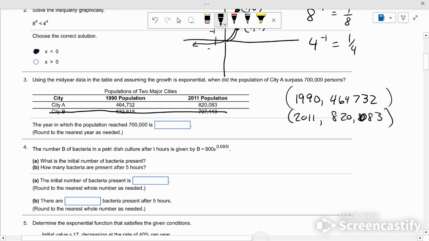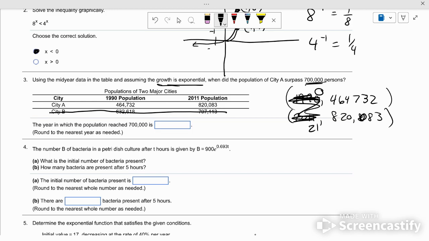Okay, so we're assuming that the growth is exponential. So basically, this is year 0, and so this would be year 21. So we want to know when it will surpass that.